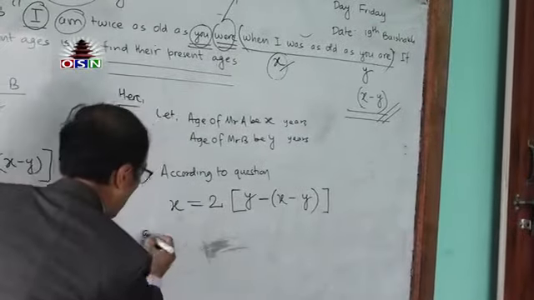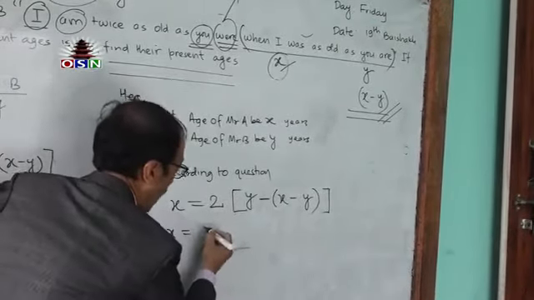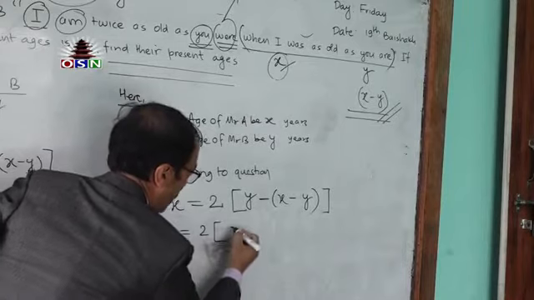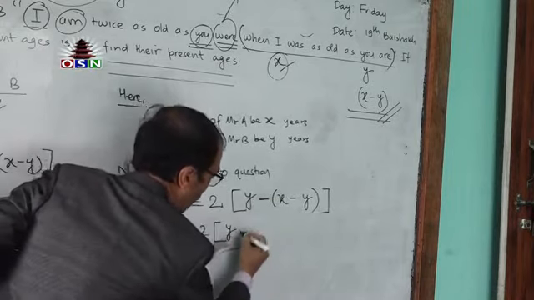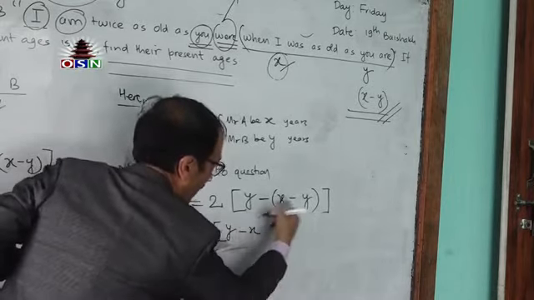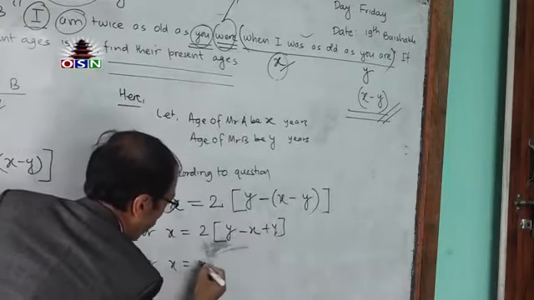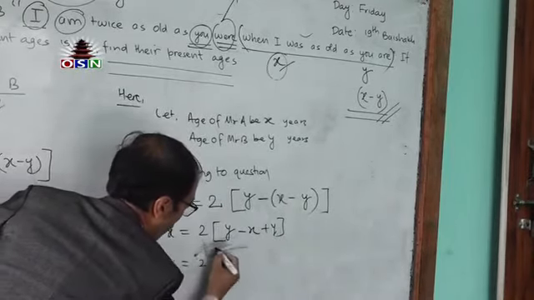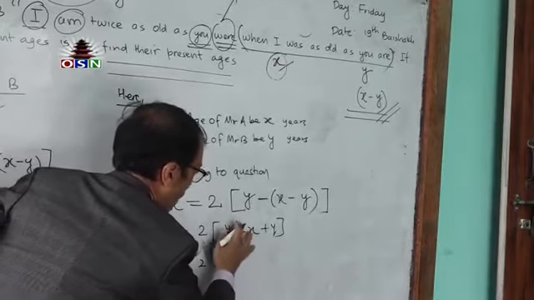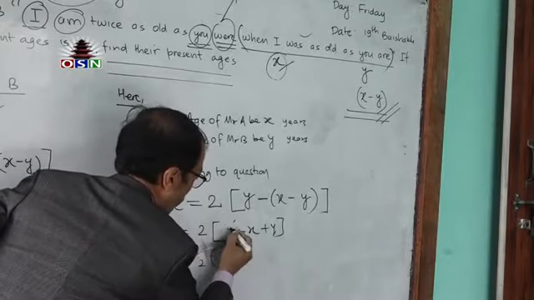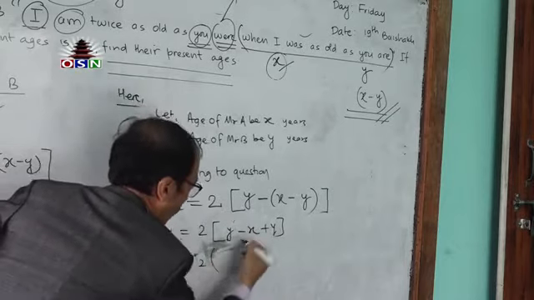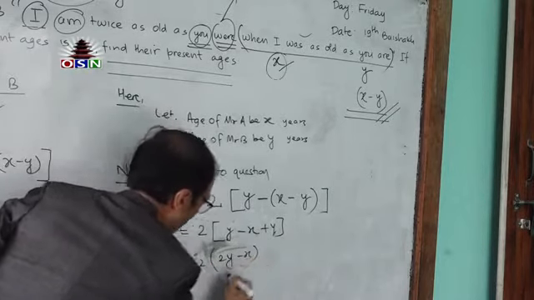Okay, just simplification remains. Let's complete the simplification here. Minus into plus, minus, x minus into minus plus y, so x equal to 2y minus x.